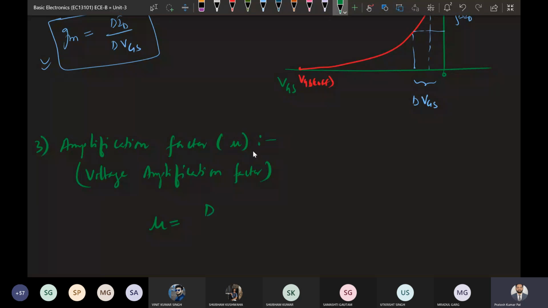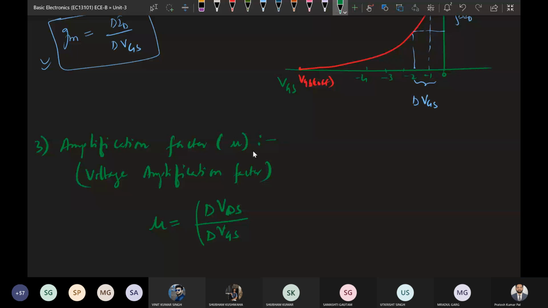So output voltage is your change in VDS divided by change in VGS. But this VDS is on the positive side, and VGS is defined on the negative side. It is -1, -2, -3, -4, and so on. So these two are of opposite nature.